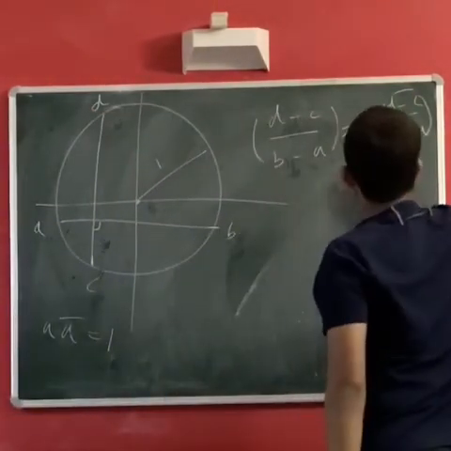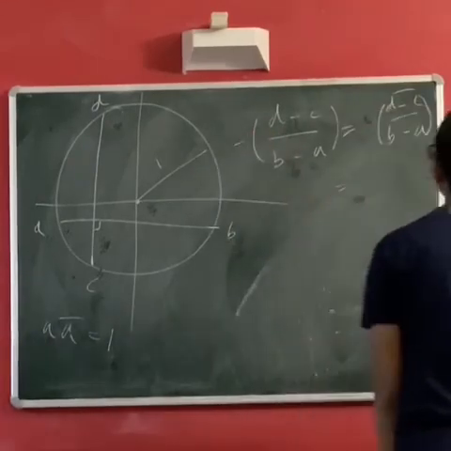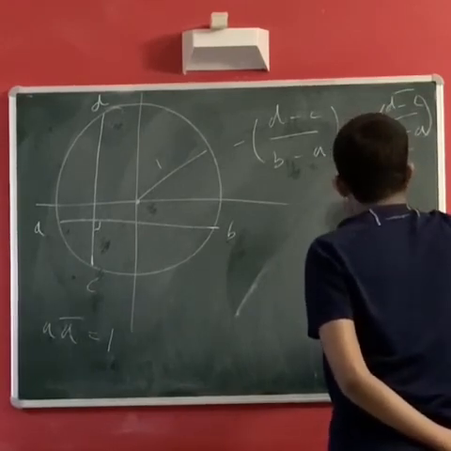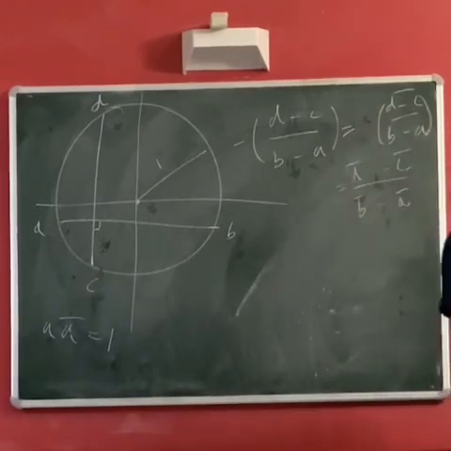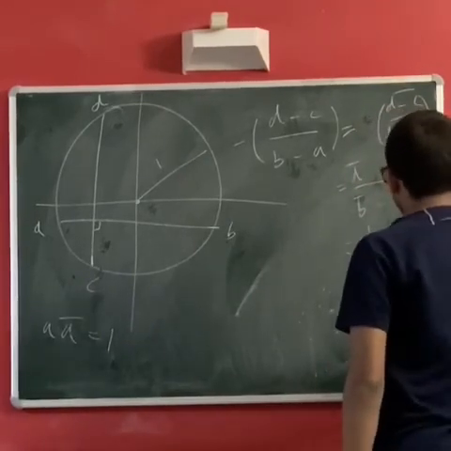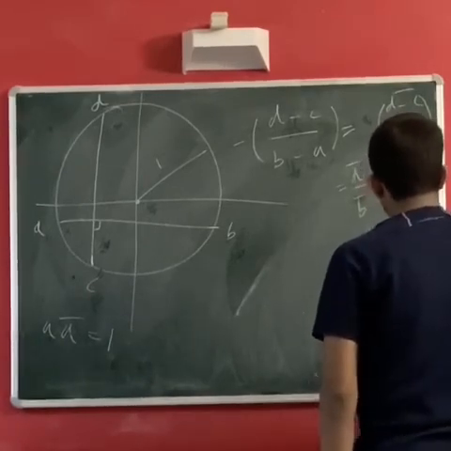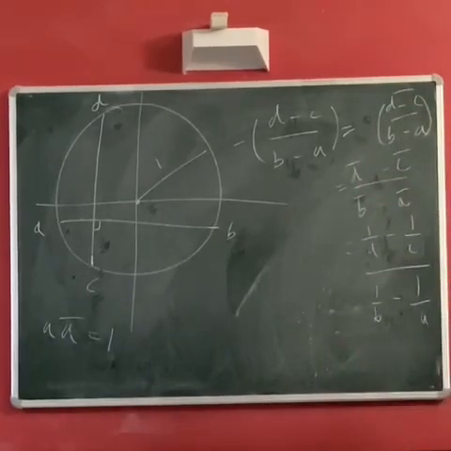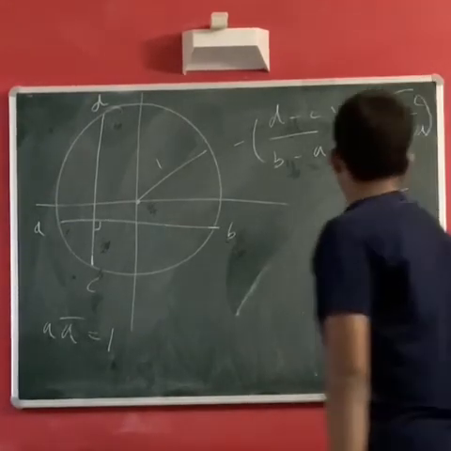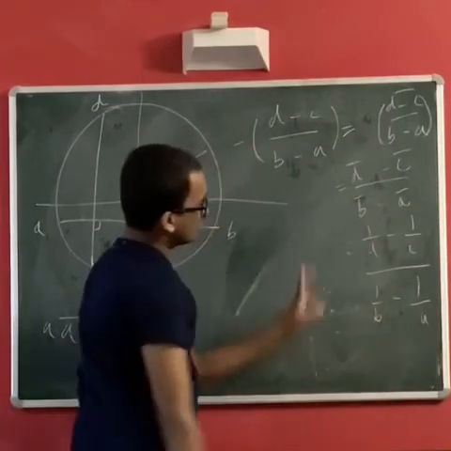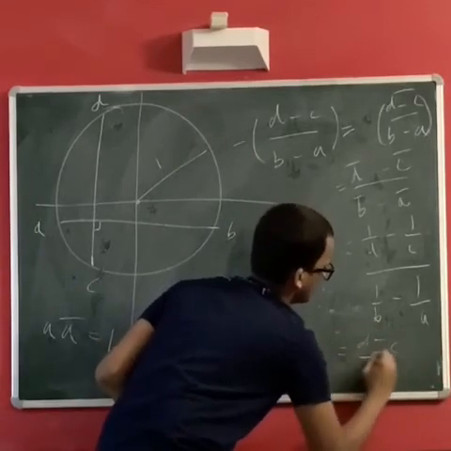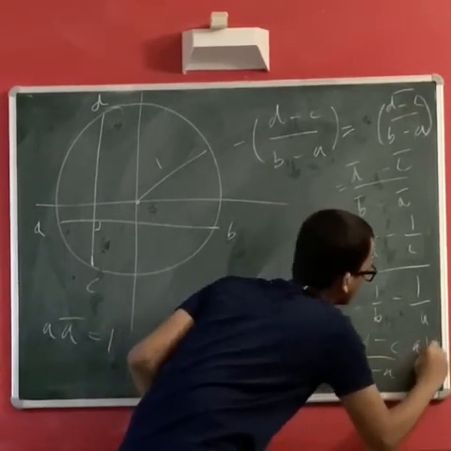So simplifying this, let's just take the minus to the other side. We have (d conjugate minus c conjugate) over (b conjugate minus a conjugate). d conjugate is 1 over d, c conjugate is 1 over c, b conjugate is 1 over b, a conjugate is 1 over a. So you have (a minus b) over (c minus d) times ... which is equal to (d minus c) over (b minus a), with an ab at the top and a cd at the bottom.